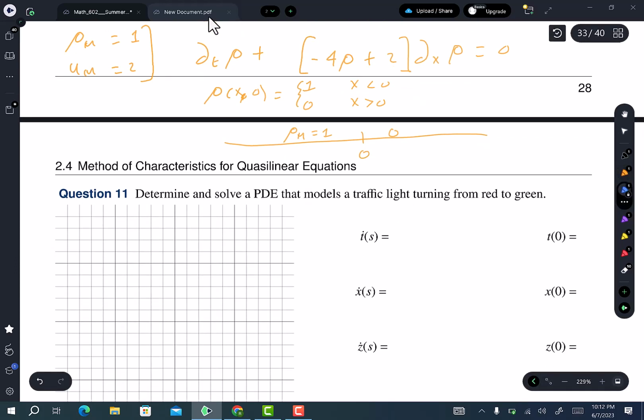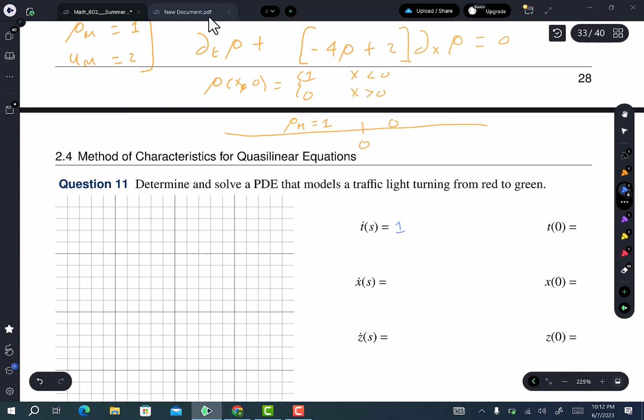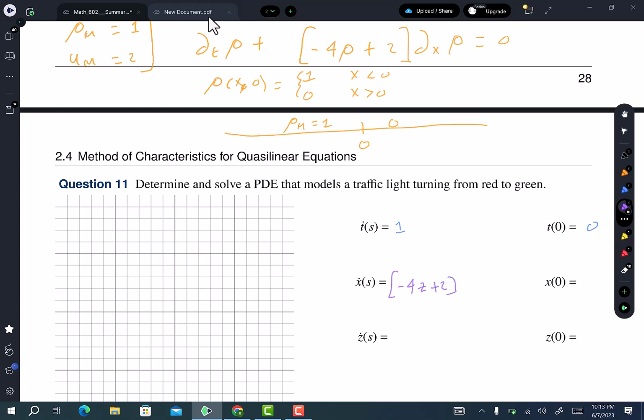All right, so what are the characteristic equations going to be? t dot is the thing multiplying the t derivative of rho, so that's 1, with t of 0 equal to 0. x dot is the thing multiplying the x derivative, so it's minus 4 rho plus 2, but on the characteristic rho is equal to z. So this is minus 4z plus 2, and x of 0 is just equal to some generic x naught.